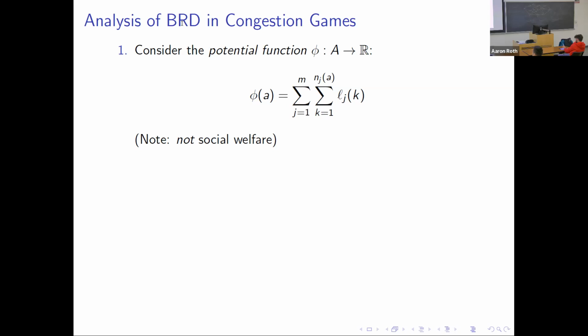For each facility, we say, at this game state, how many people are playing on this facility, nj of A? Then we sum from 1 to the number of people playing on that facility. So k is 1, then k is 2, all the way up to the number of people playing on the facility. And what we're summing up is the cost of that facility when there are k people on it.